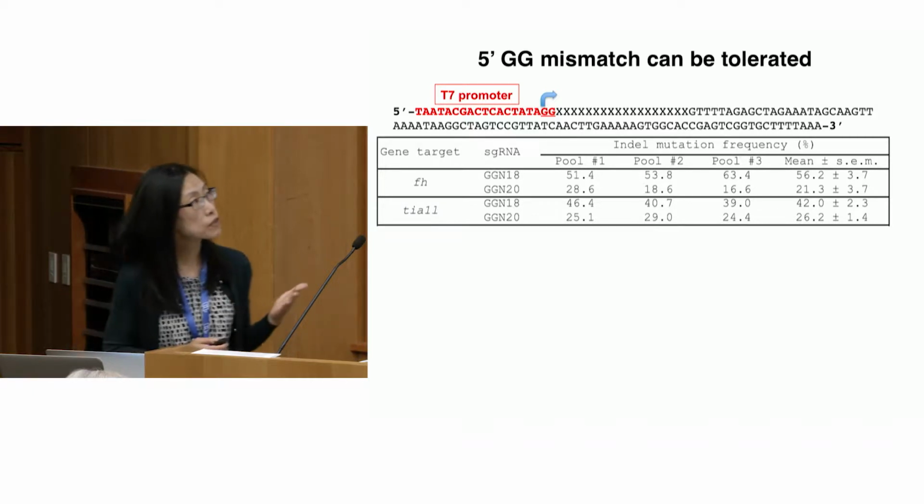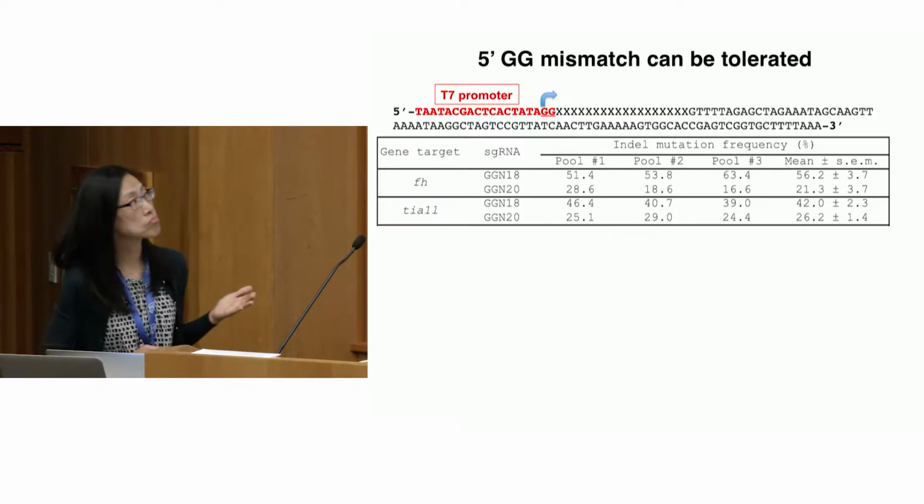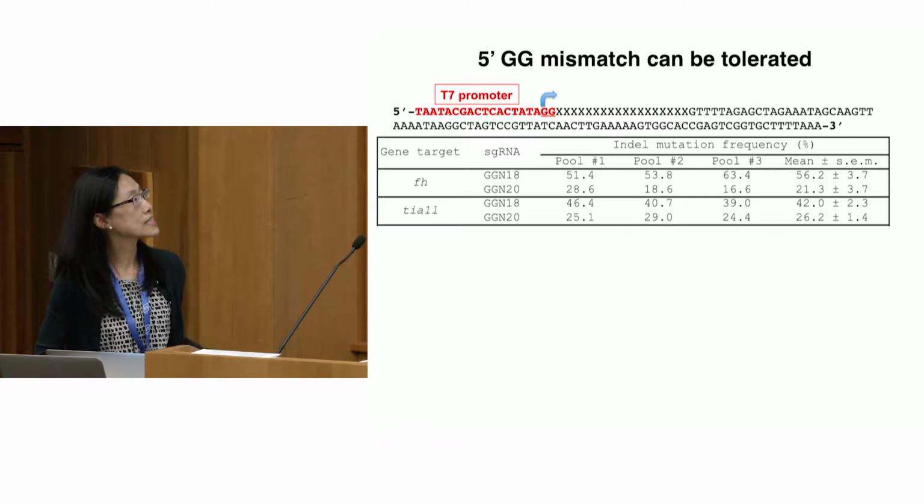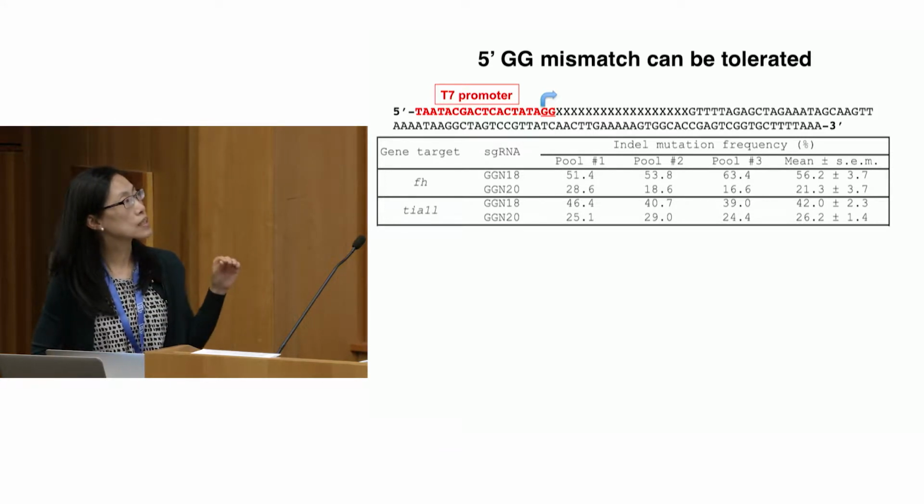First of all, we found that 5' two base pair mismatches can be tolerated because you see very high activities from all of those guide RNAs. However, we also noticed that guide RNAs with spacers longer than 20 nucleotides seem to have reduced activity. In this case, the spacer region in total is about 20 nucleotides compared to 22 nucleotides.